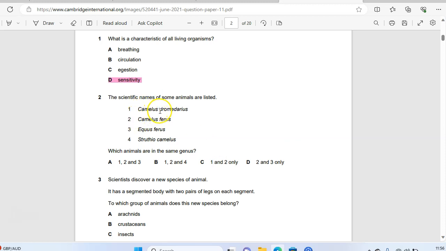Camelus dromedarius. Which names are in the same genus? Which animals are in the same genus?